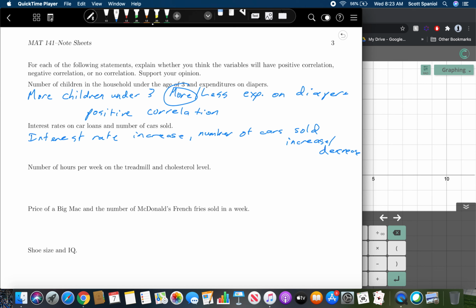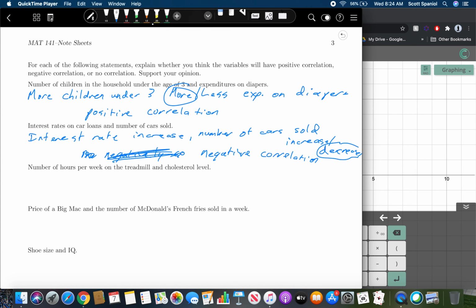And in this case, I think the answer would be decrease, right? If interest rates on car loans go up, it's more expensive to buy a car, so fewer people are going to decide to buy a car. Some people still will, but not most people. A lot of people won't that might have. So that's a negative correlation. Okay, so that's the idea there.